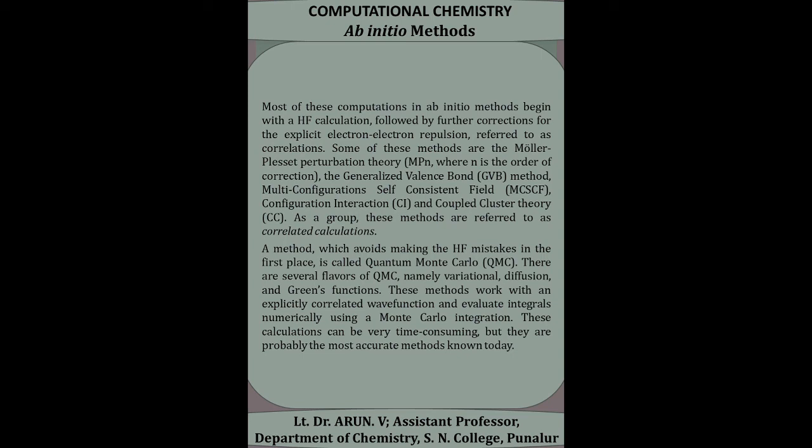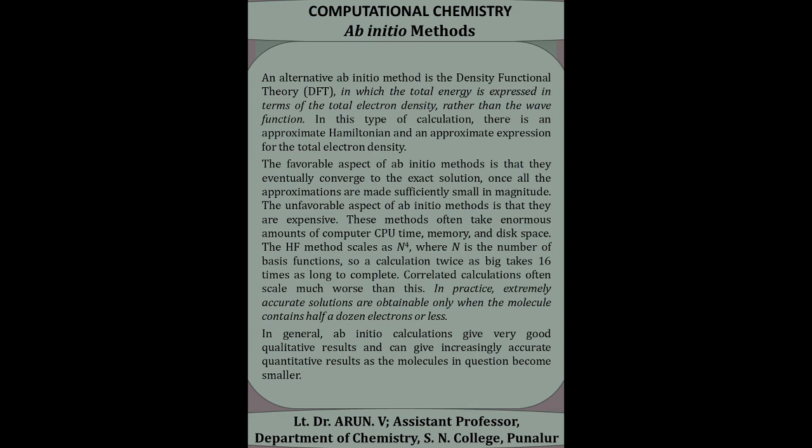These calculations can be very time consuming, but they are probably the most accurate methods known today. An alternative ab initio method is density functional theory, DFT, in which the total energy is expressed in terms of the total electron density rather than the wave function. In this type of calculation, an approximate Hamiltonian and an approximate expression for the total electron density are used.